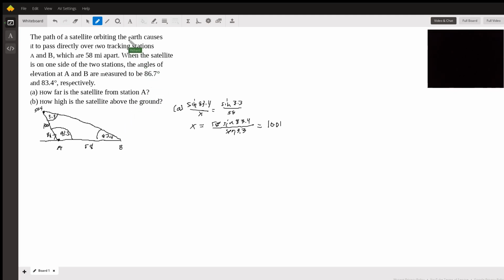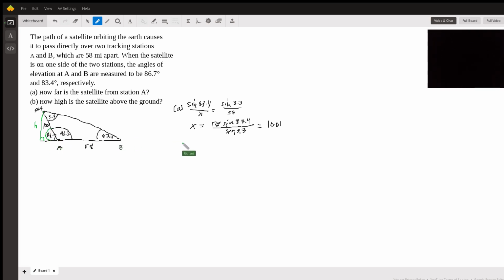Now part B, I'm going to switch colors here just to differentiate the parts. Part B is we want to know how high the satellite is off the ground, so we're just interested in this height here. And this is a right triangle, of course. Now we have an angle here of 86.7.